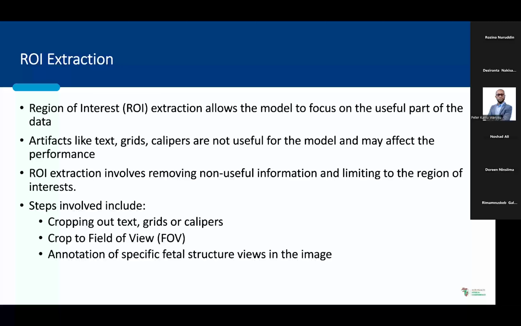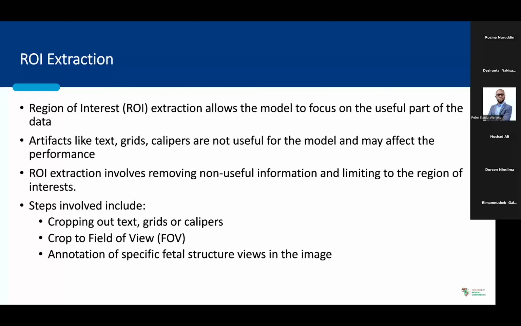Another thing I talked about earlier is region of interest extraction. You could crop the entire image so that only the fan of the ultrasound is visible, so the model can see the relevant information more clearly, rather than giving it all the information that is there.